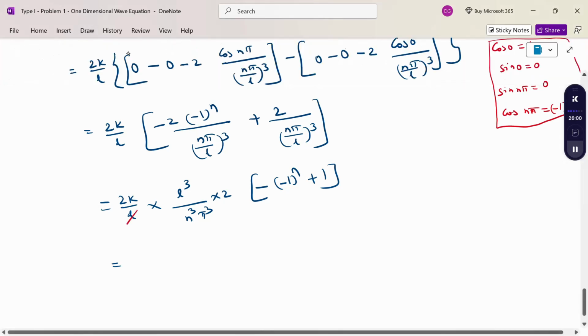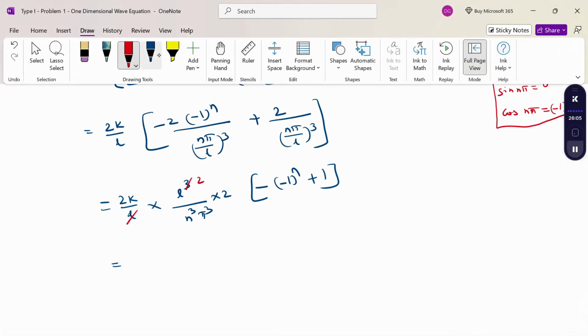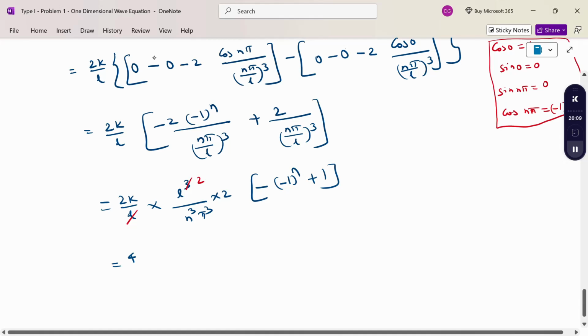Now this L we have two times, then 2 into 2 is 4, so 4k L square by pi cube, 1 minus minus 1 power n by n cube. So this is our Bn value.